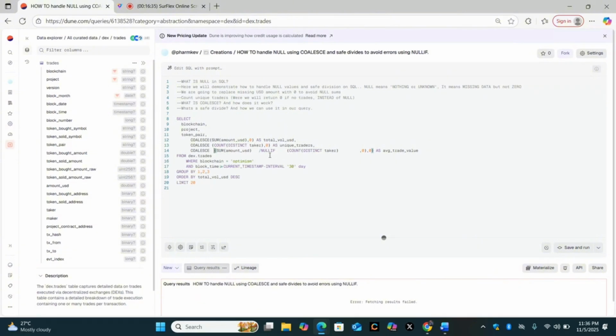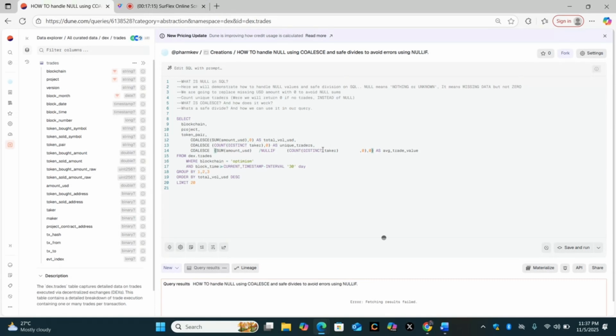So now, how this NULLIF works is, if this unique trader value is 0, that is why this NULLIF is here. If this unique trader value is 0, convert it to null. So the NULLIF is actually kind of the opposite of what this COALESCE does in a way.